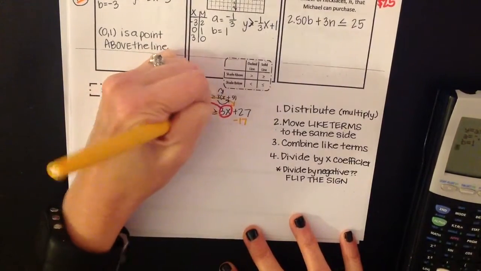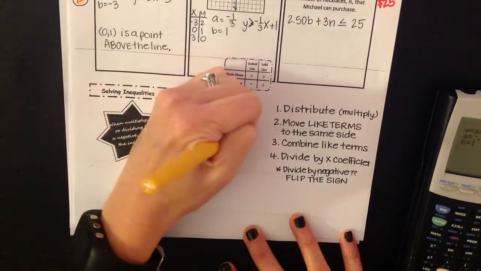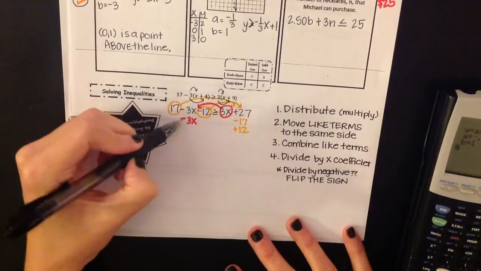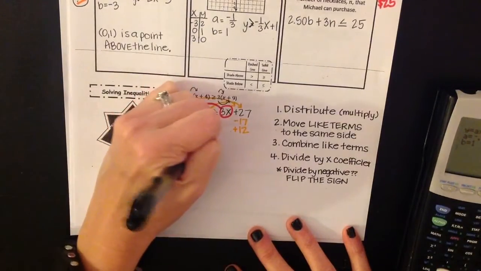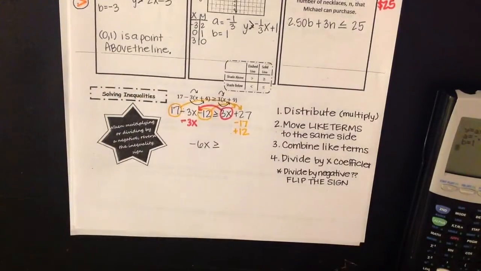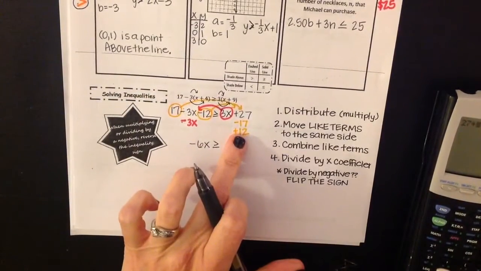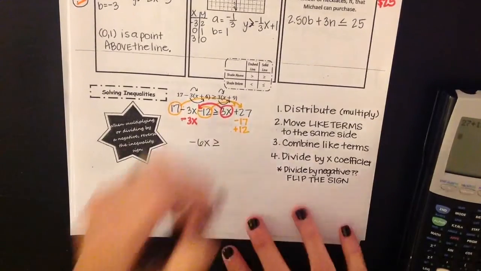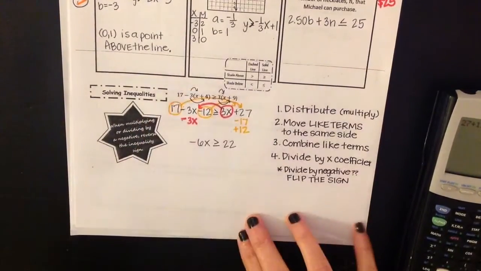And then I've got a -12 that I also need to move over, which is going to change the sign. And so now I'm going to combine all my like terms. So I have 2 -3x's, which would be -6x is greater than or equal to. Now I'm going to combine up. I've got a 27 plus another 12, and then I've got a -17, for a total of 22.